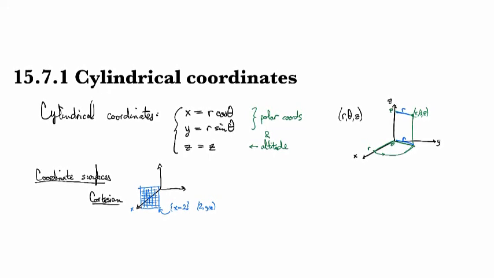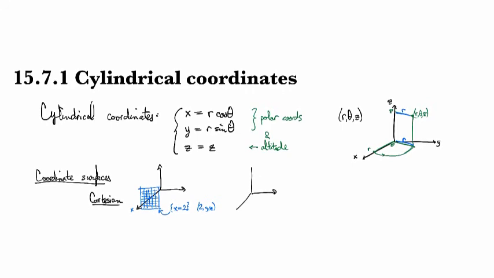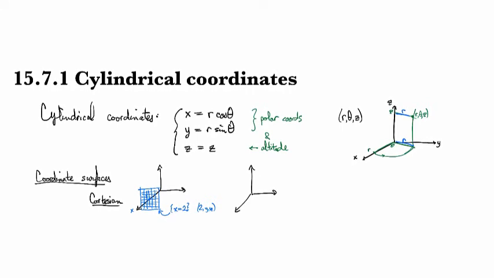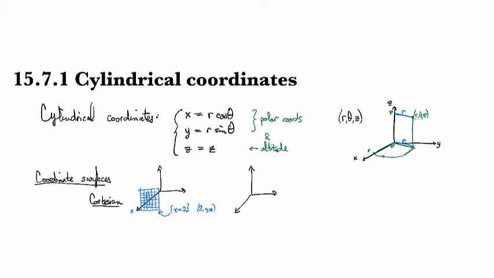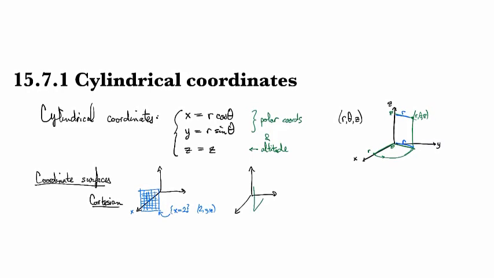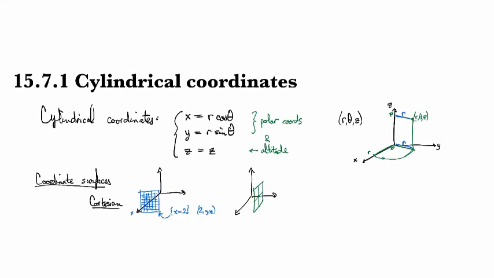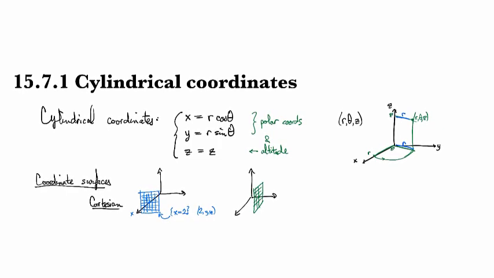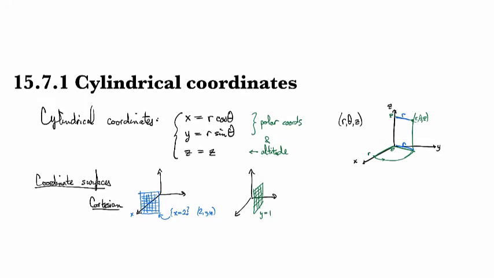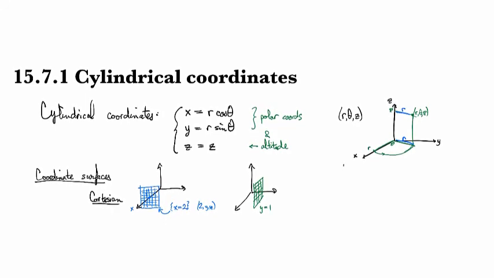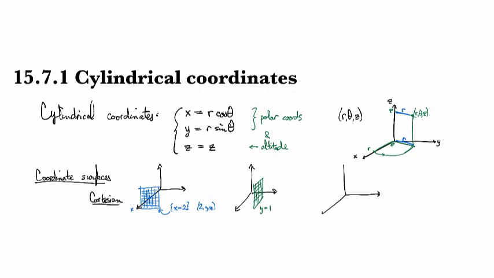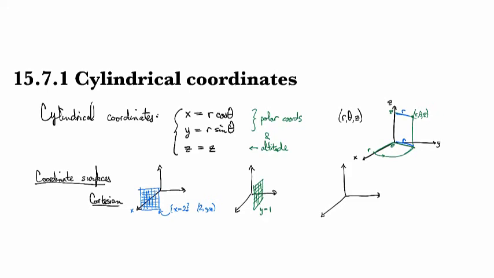Okay, and by like token, we can do the same thing. So if we were to fix y equal 1, it's going to be going through here. And then we could also have z equals 2 or something like that.